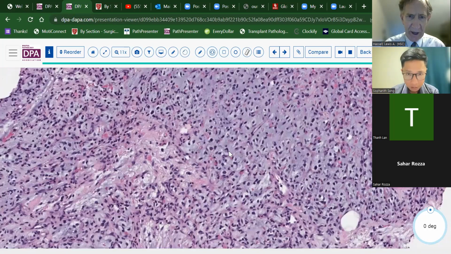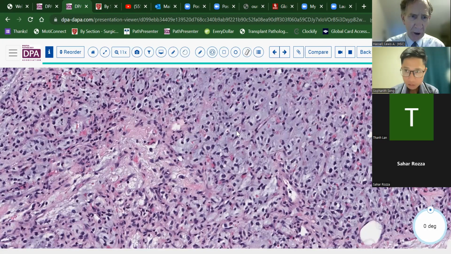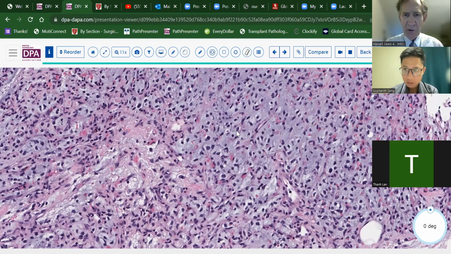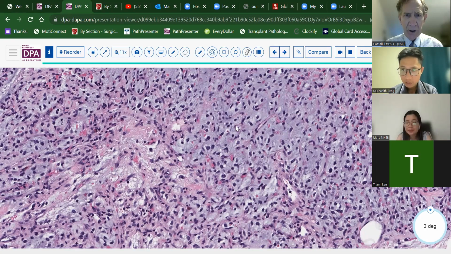And this again would fall into the category where we might think very seriously about myxofibrosarcoma because of the myxoid pattern, the higher grade nuclei, and the prominent vasculature.